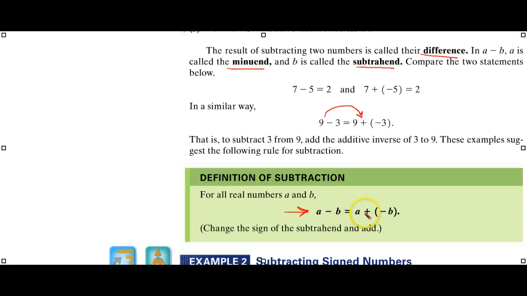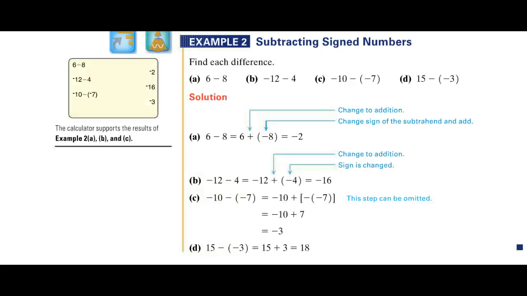We're going to change it to addition and then make the b that before was positive a negative. That is, we changed its sign. These are equivalent. So we have the option here of changing this to addition. It would be 6 plus a negative 8. Negative 12 plus a negative 4.